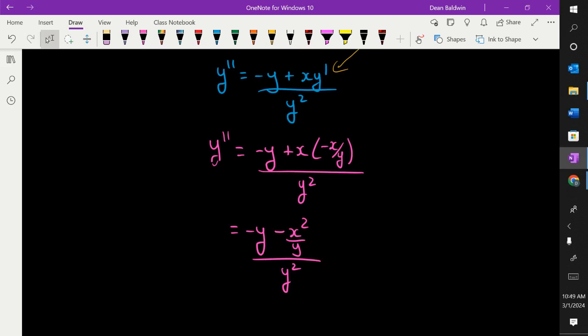We're going to do what she said, but we're going to do it in a few steps, not in one step in her head. We're going to make a common denominator for the top. So I'm going to multiply by y over y. It's going to give me negative y squared minus x squared all over y squared.